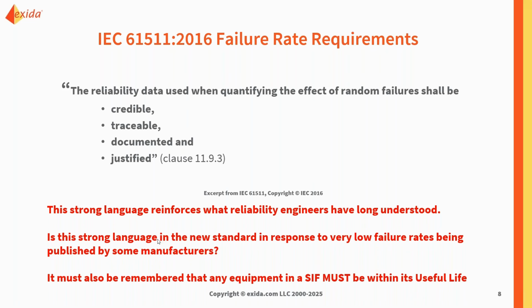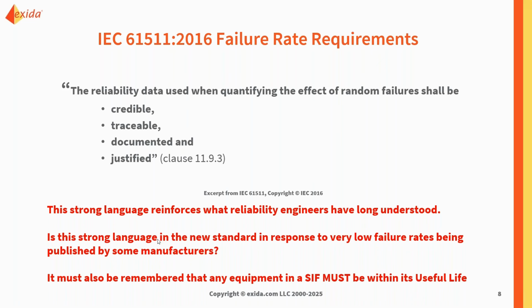Now, fortunately, there are plenty of sources of finding failure rate data. And we have provided a website called SIL safe data, all one word, .com, where you can look at different types of devices and it will give you a lower bound DU failure rate and an upper bound DU failure rate, dangerous undetected failures.